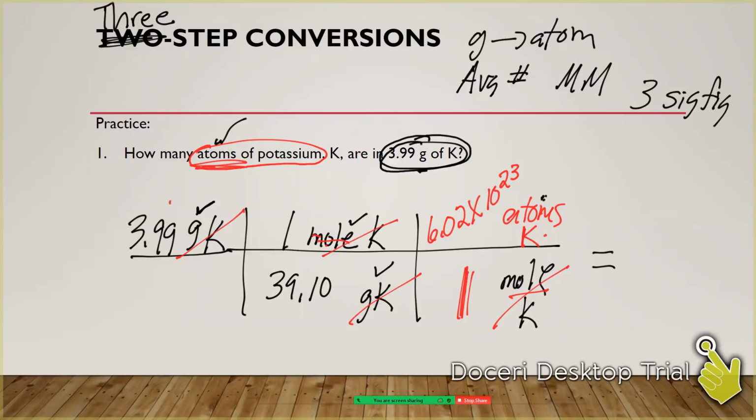So now you're going to multiply across. So 3.99 times Avogadro's number, get yourself an answer. So if you'll try putting it in your calculator.